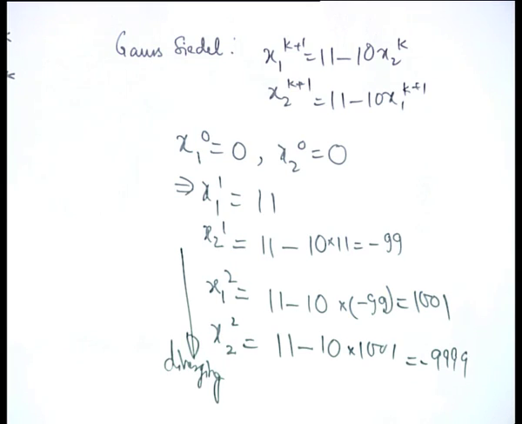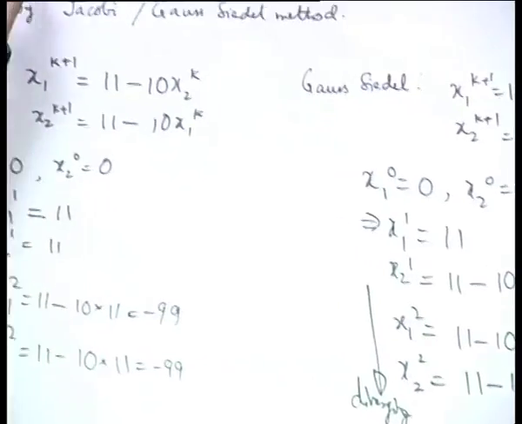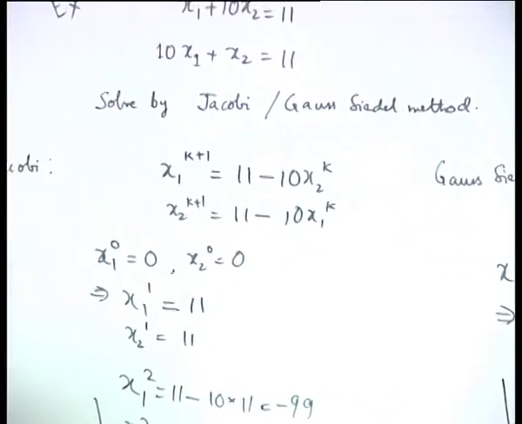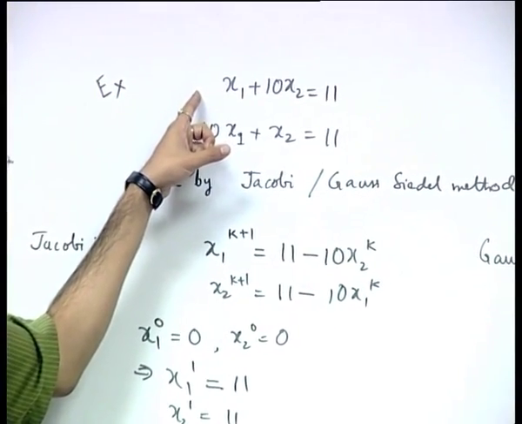Now, of course, it does not matter whether it is the Jacobi or the Gauss-Seidel method, there is one fundamental reason for which it diverges, and the reason is that it is not a diagonally dominant system. If you find its spectral radius of convergence, it will be greater than 1.